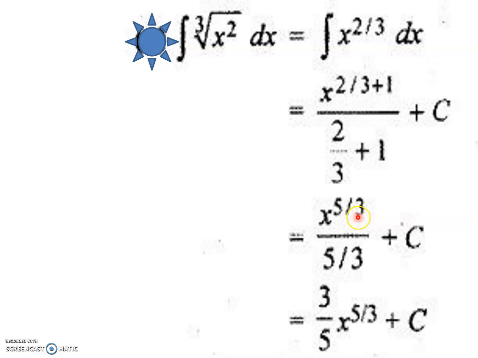X raised to 5 upon 3: how is it possible? 2 ones are 2, 2 plus 3, 5, that is 5 upon 3. In 2 upon 3 plus 1, 3 ones are 3, 3 plus 2, 5 upon 3, plus c. We know that if a fraction is in the denominator, it goes the reverse way. Numerator 3, denominator 5, x raised to 5 by 3 plus c.